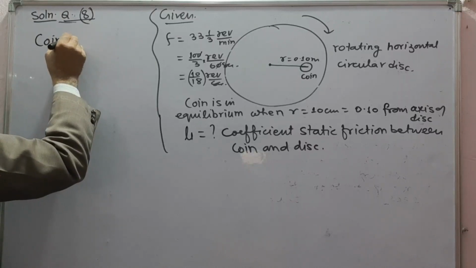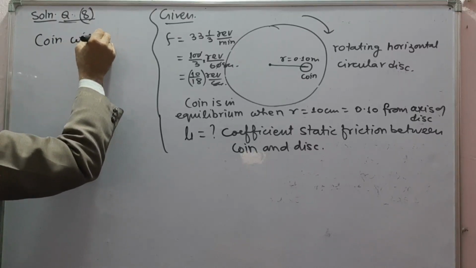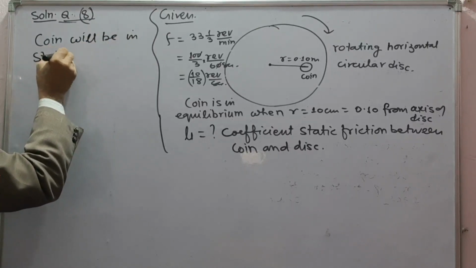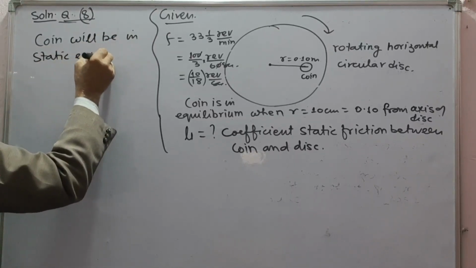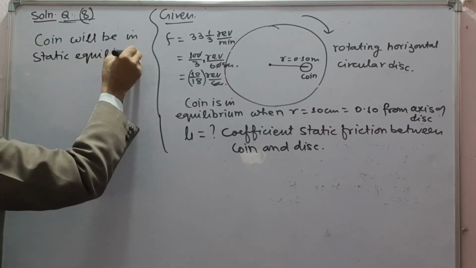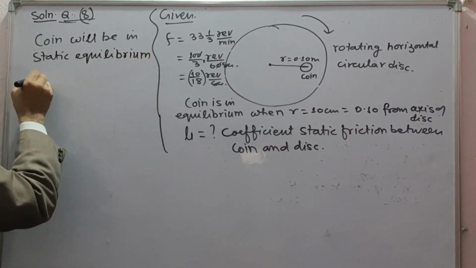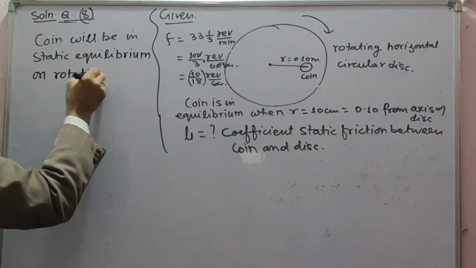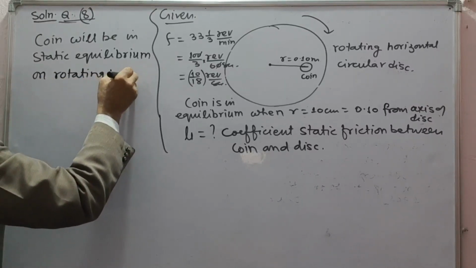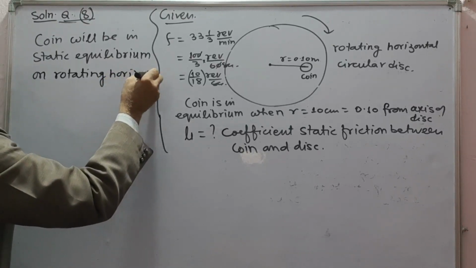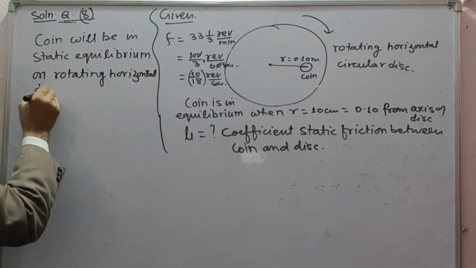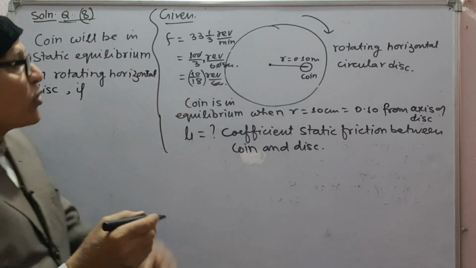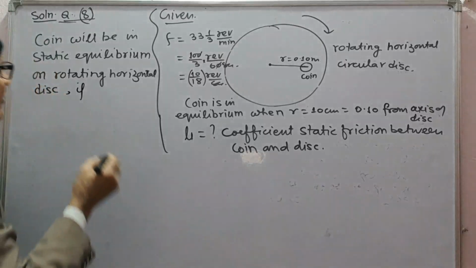Coin will be in static equilibrium on rotating horizontal disc if centripetal force is equal to the frictional force.